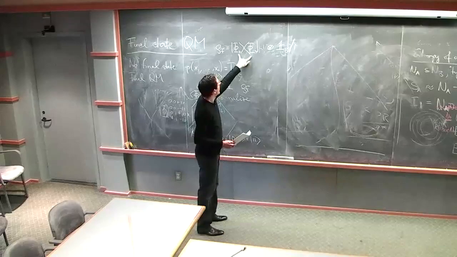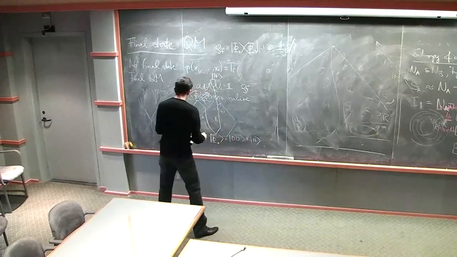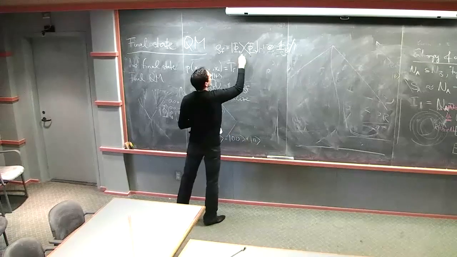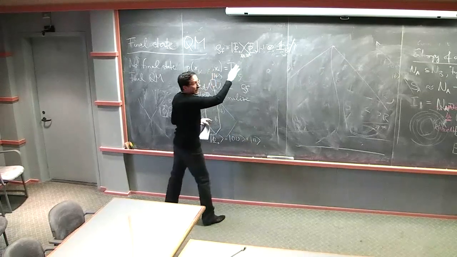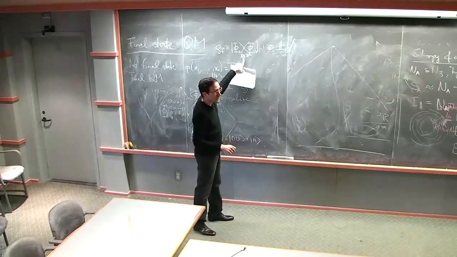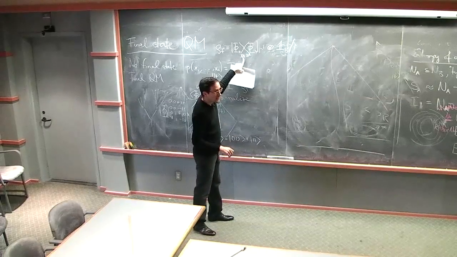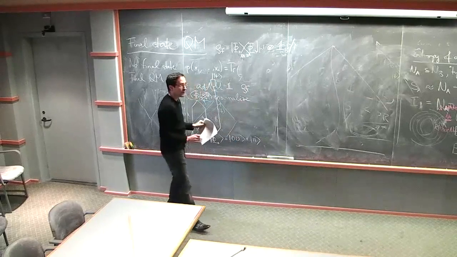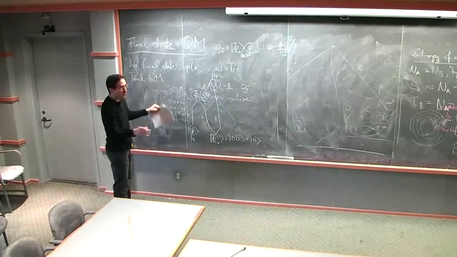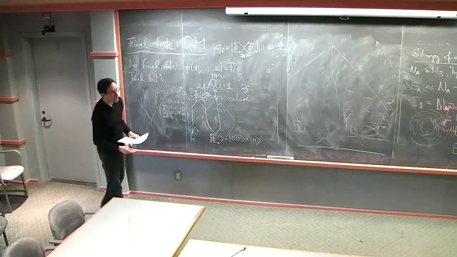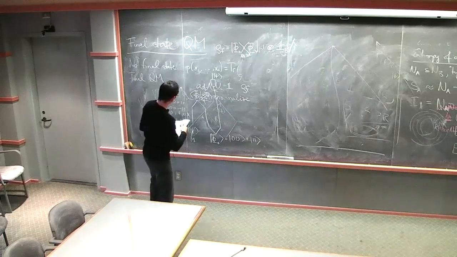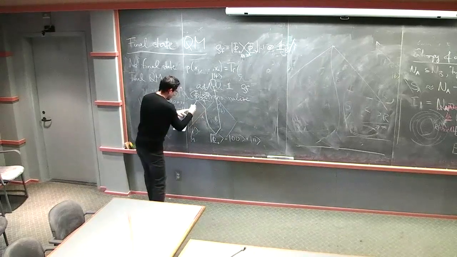This state lives in a Hilbert space of matter cross A, or X cross A. So it connects every possible matter state with some state in the in-modes. It lives in the product Hilbert space of any matter that could have made this black hole, and the in-modes of that black hole.